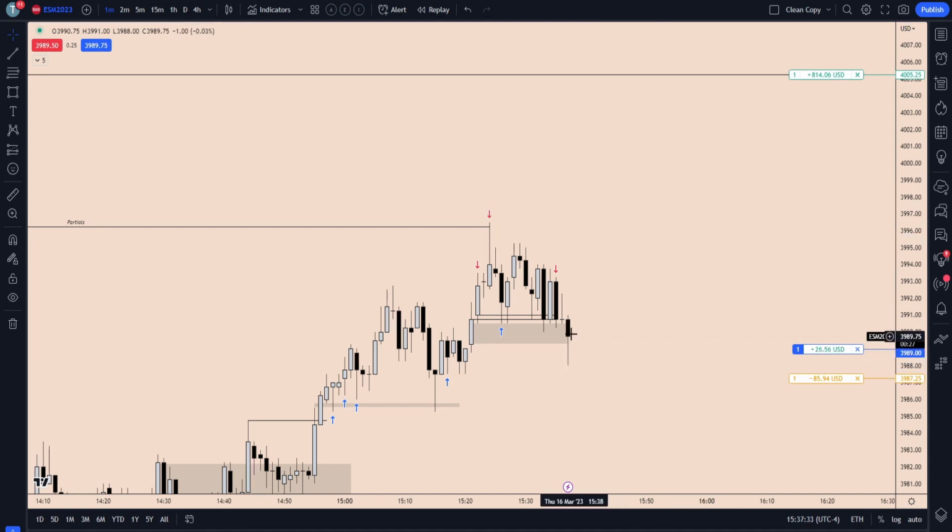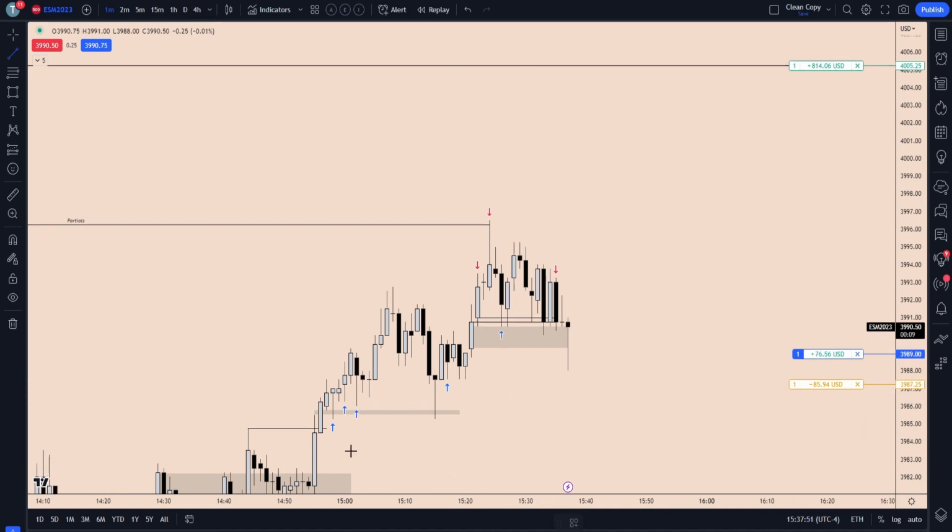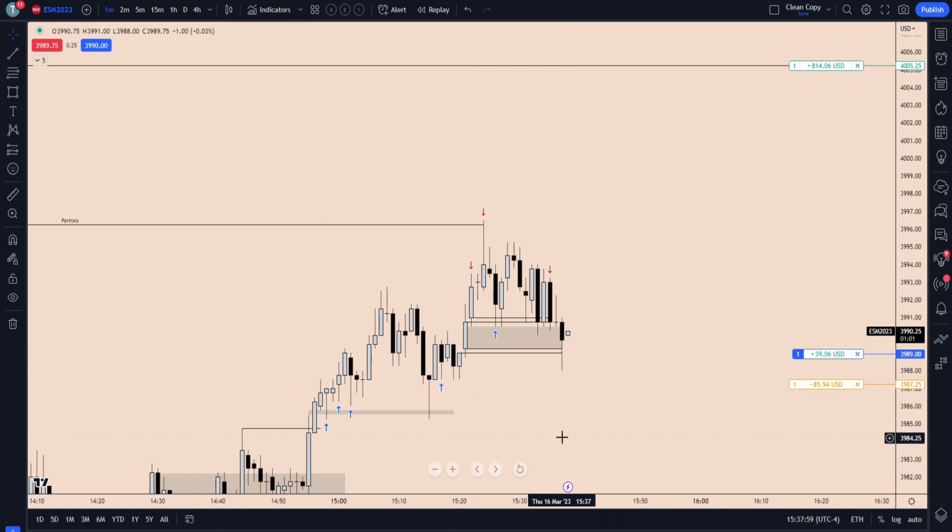All right, so we dive into this fair value gap one last time. We trade into the volume imbalance. Watch to see, does the body of this candle close inside of this fair value gap? Just so you can see. So we close inside this fair value gap.